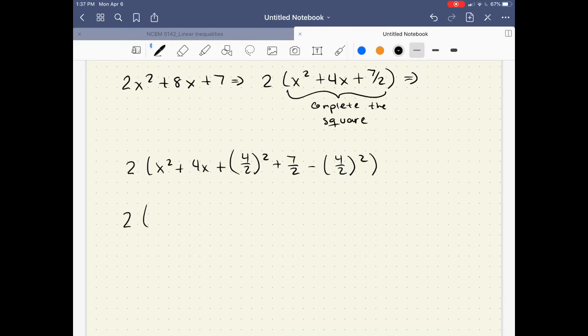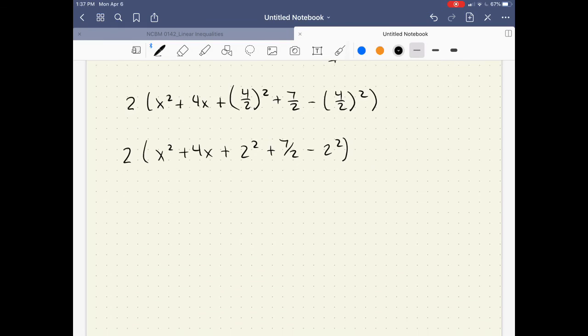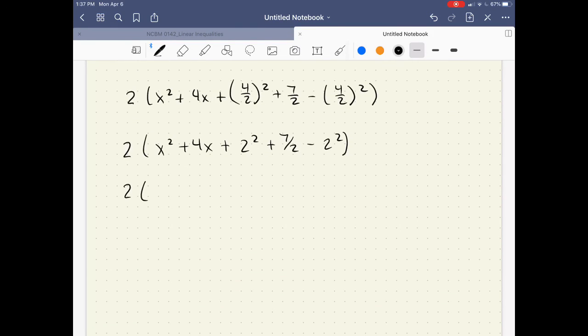So I have 2 times (x squared plus 4x plus 2 squared plus 7 over 2 minus 2 squared). The 2 I'm going to factor from these two: 2 times ((x plus 2) squared plus 7 over 2 minus 4).